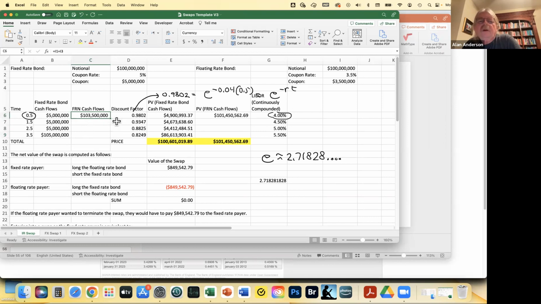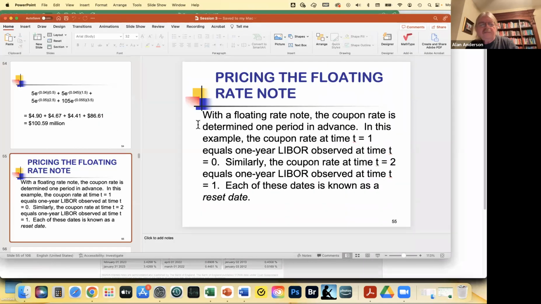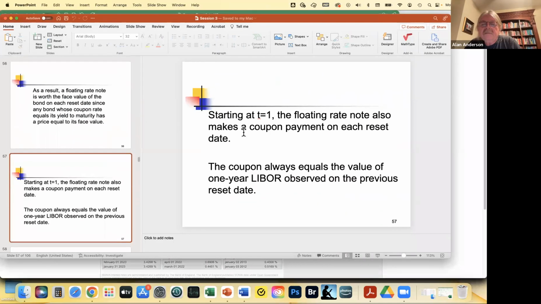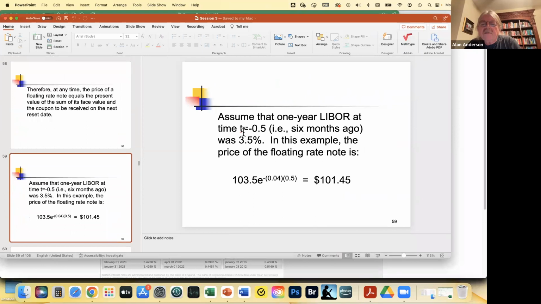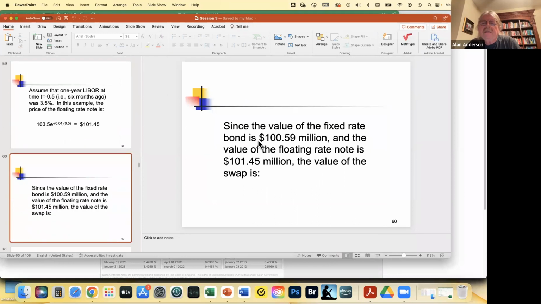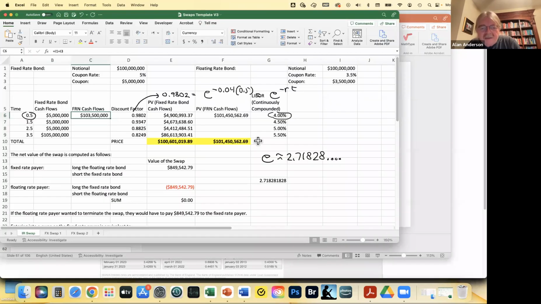That is 103,500,000, because we're assuming that 6 months ago, when the bond was issued, the rate was 3.5%. Okay. So what that means then is that the floating rate bond is worth 101,450,562. Now, they're not the same.